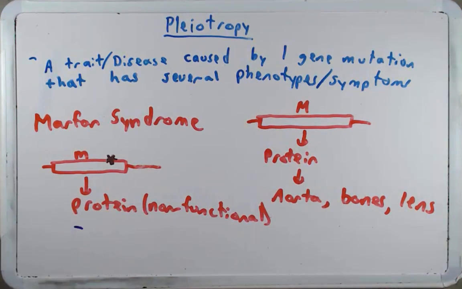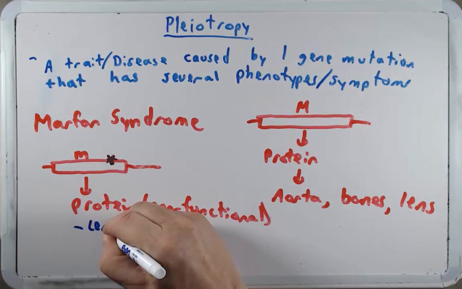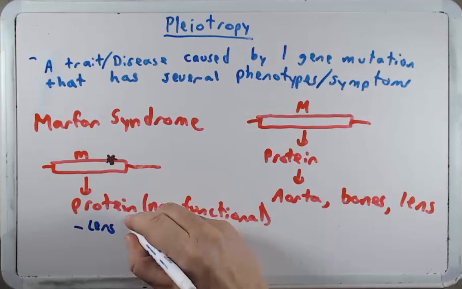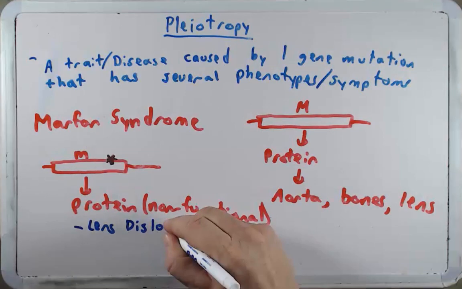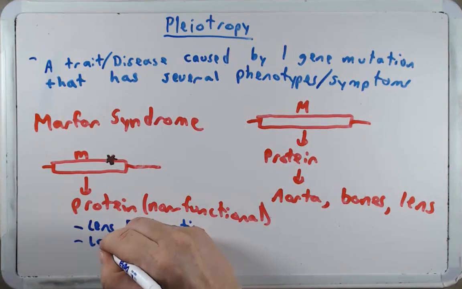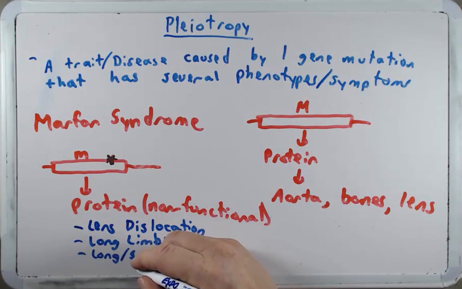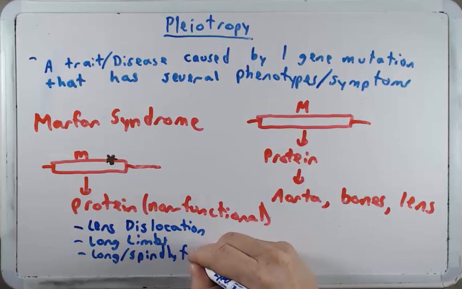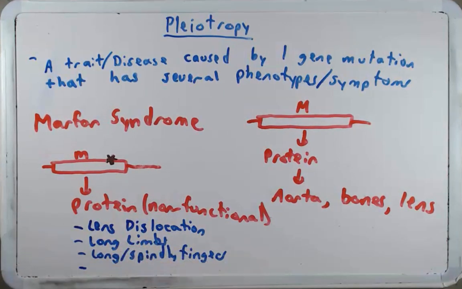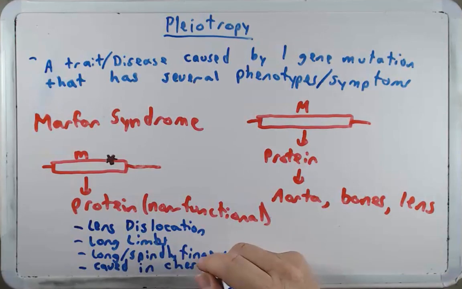Some of the symptoms, because of this non-functional protein, include lens dislocation, long limbs, also long, and your book uses this fun word called spindly fingers. There's also a symptom of having a caved in appearance of the chest. So I'm going to put caved in chest. The chest isn't actually caved in, but if you were to look at somebody with Marfan, it would appear that the chest was caved in.